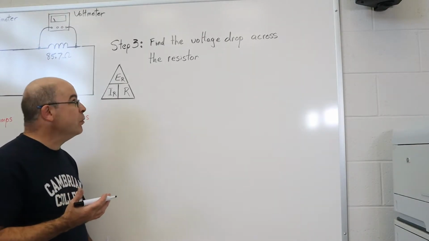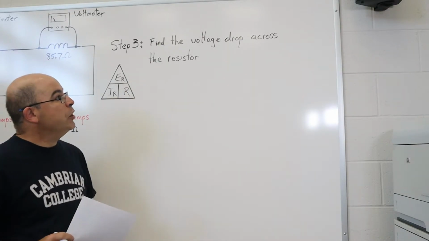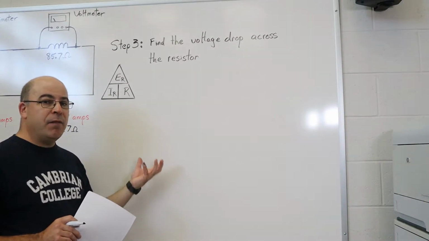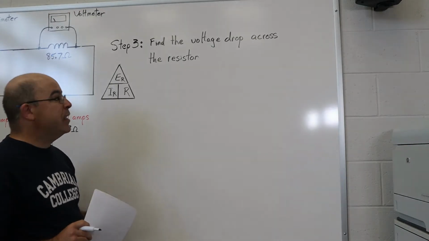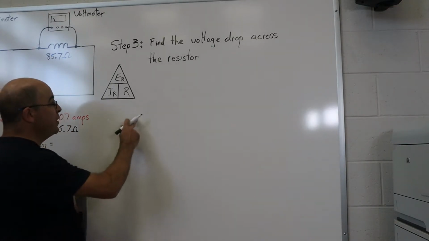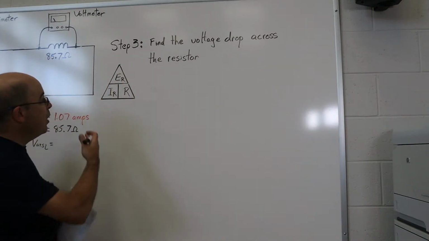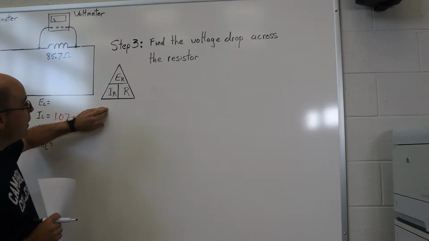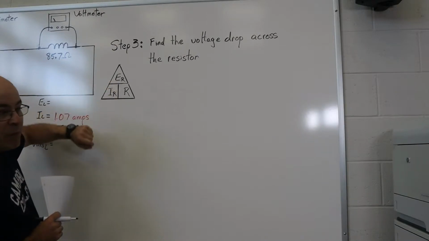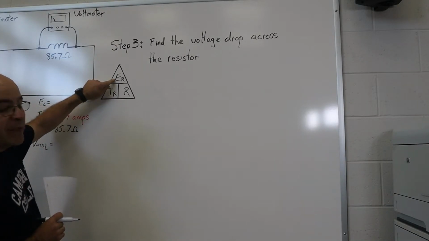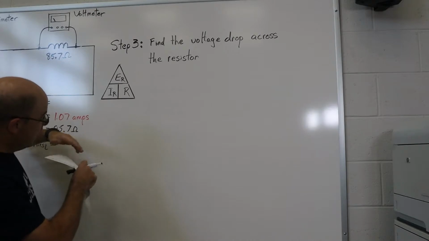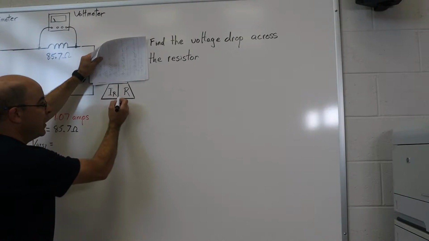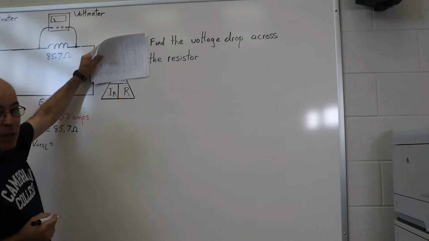Moving on to step 3, we're going to find the voltage drop across the resistor using the previously calculated value of current that we just did in step 2. Now, we're still using Ohm's law. I've gone ahead and drawn out Ohm's law's triangle, and we can see that if I want to find the value of the voltage drop across that resistor, it's simply going to be a matter of taking the current and multiplying it by the resistance of the resistor.